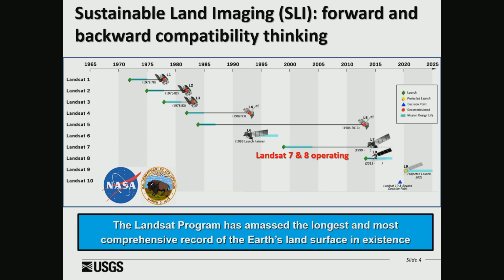By the end of 2020, we do hope to have Landsat 9 replace Landsat 7 to enable that 8-day refresh that we've been able to produce with the two operating satellites. We're also now planning with NASA for Landsat 10, or Landsat Next, aiming for a launch perhaps by the mid-2020s.